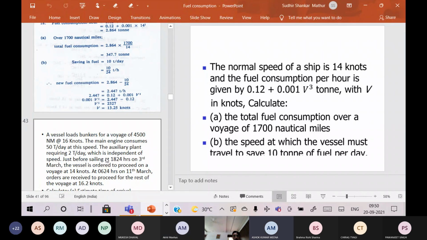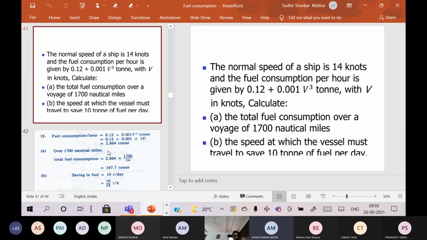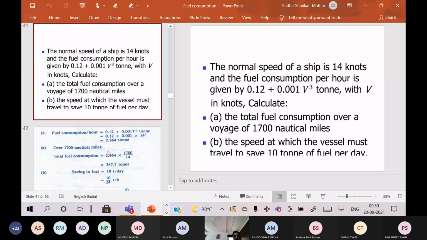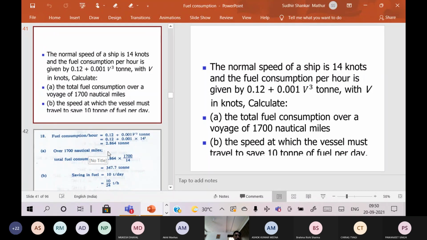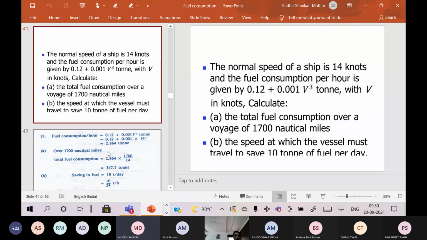So speed 13.79. 13.25 you should get. Sir, first is coming 347.77 tons and the second is coming 13.25.